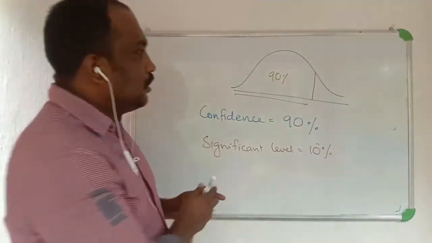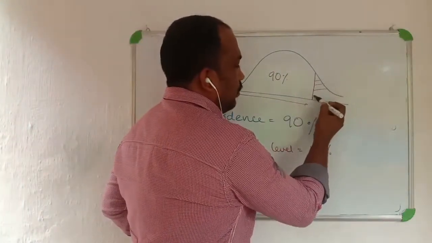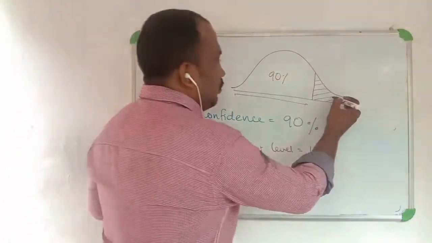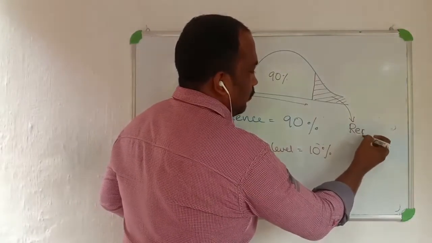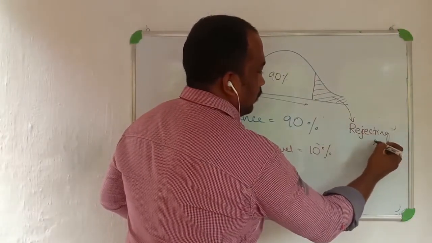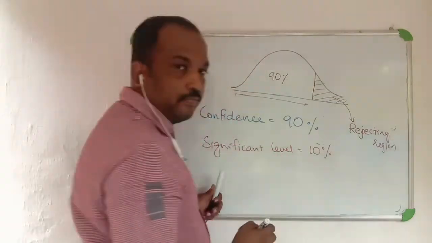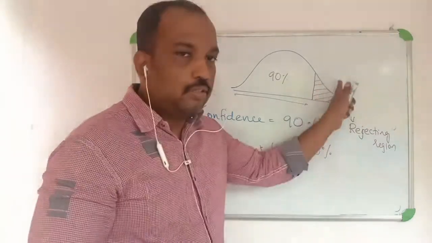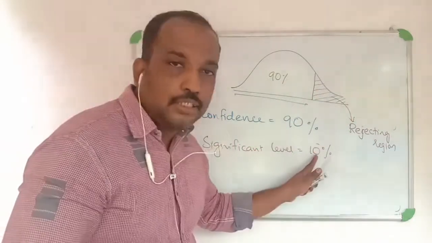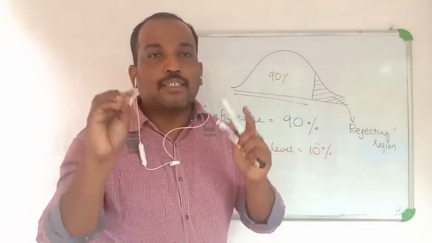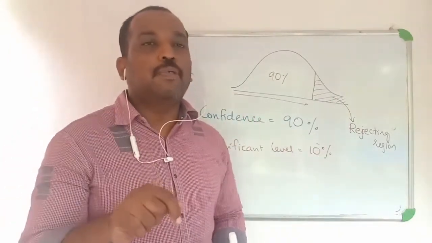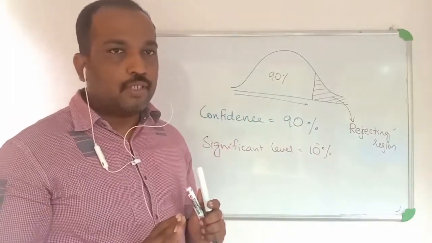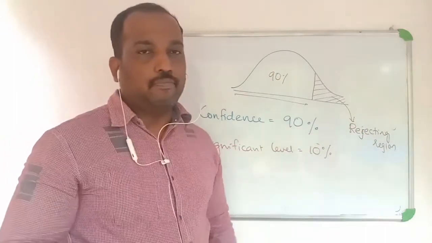The other region, the right tail of this curve, is the rejecting region. If your result comes within this region, like you got a significant level of 10%, that means if your probability is within 10%, from 0% to 9.9%, then you have to reject the claim.